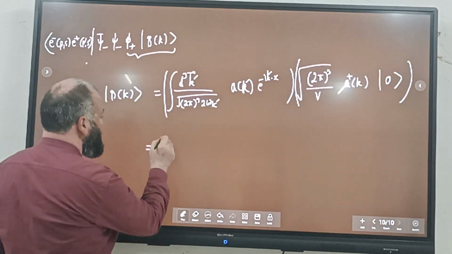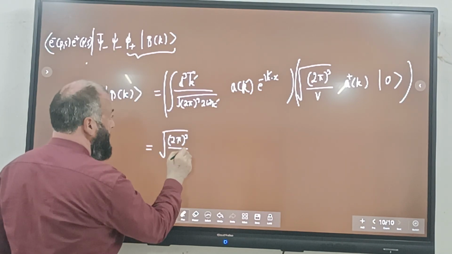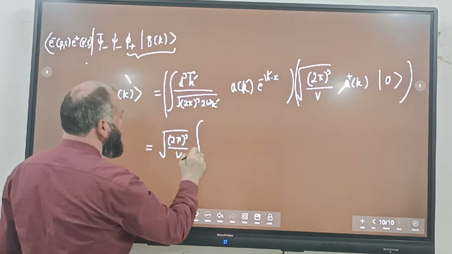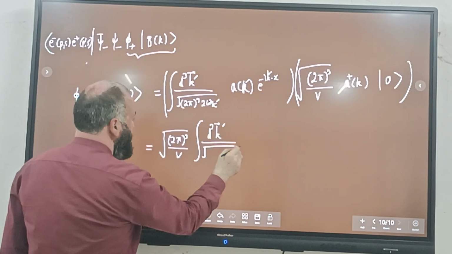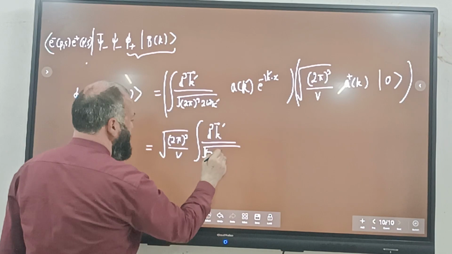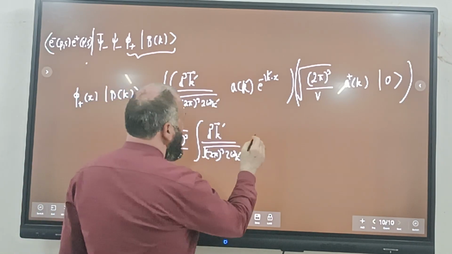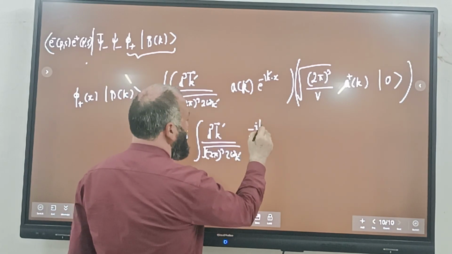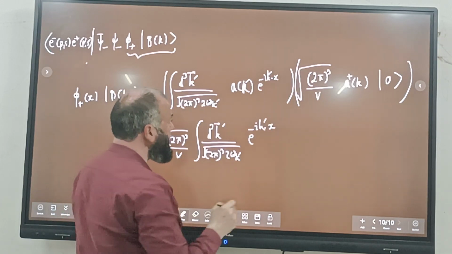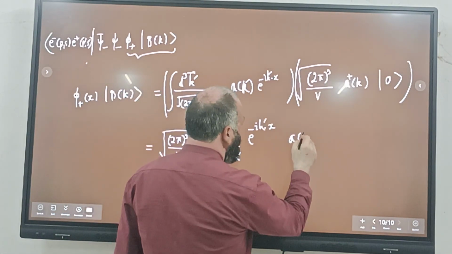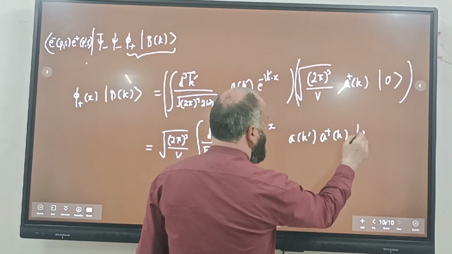Okay, so this root of 2 pi q by v will come out. Okay, then you are having this integration d3k prime divided by root of 2 pi q twice omega k prime. Okay, then you are having this exponential e raised to minus i k prime dot x. Clear? Okay, then you are having this a of k prime, a dagger of k acting on this way.